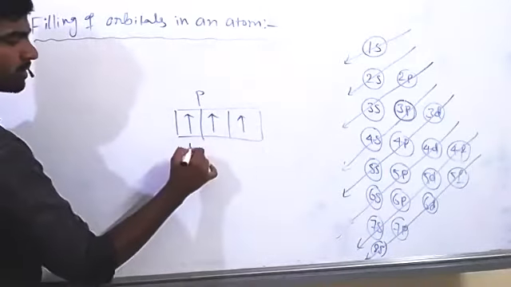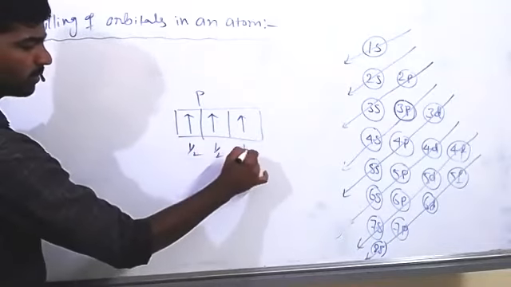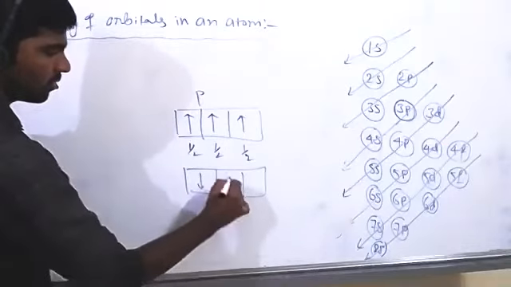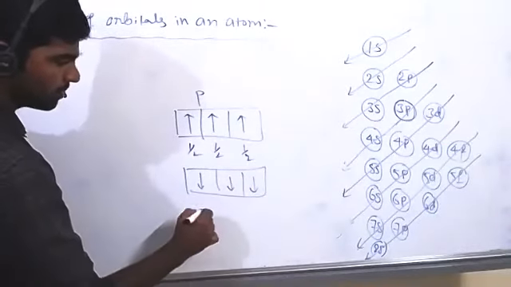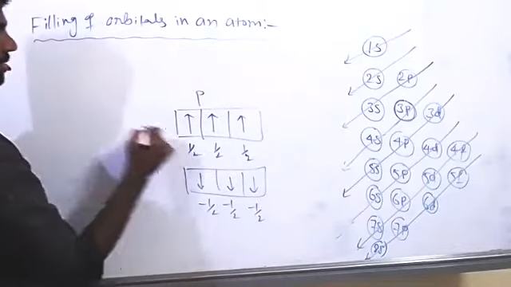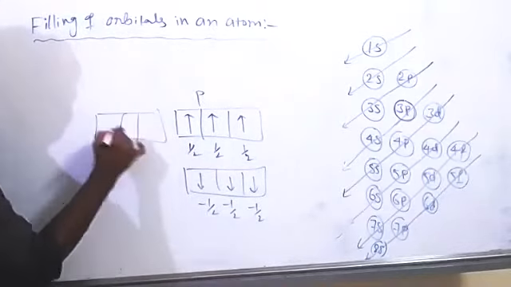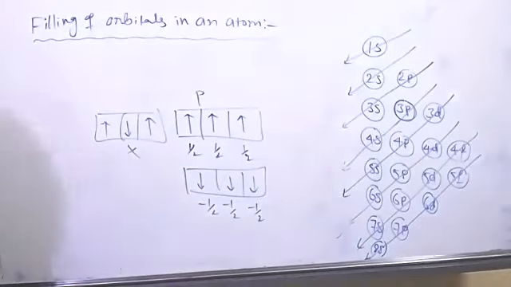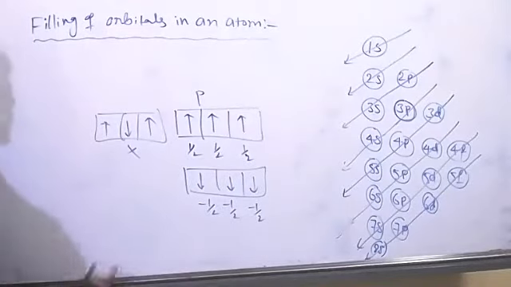Either they follow plus 1/2 for all 3, or all 3 electrons may have minus 1/2, but mixed is not possible. So one upward direction, second downward, upward: this kind is not accepted. That's only the meaning of maximum multiplicity. Spin multiplicity should be higher here.